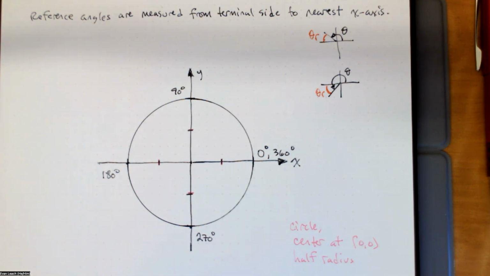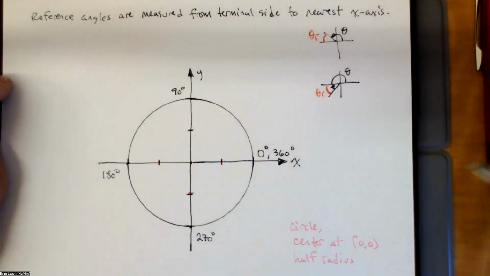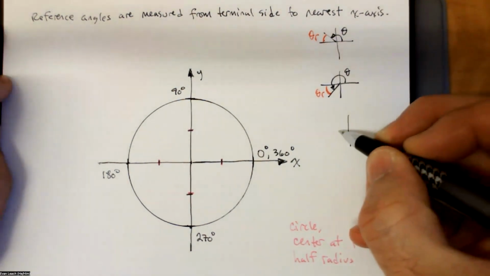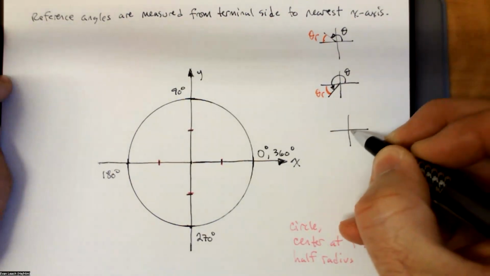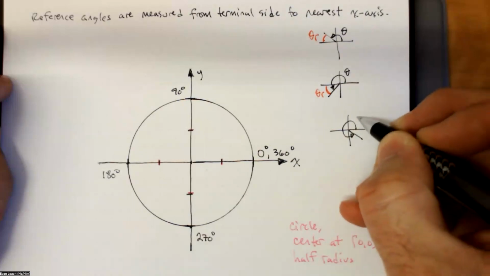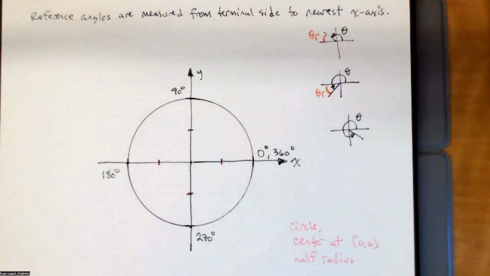In the fourth quadrant, our reference angle will go towards the positive x-axis. So if our theta goes all the way around to the fourth quadrant, the reference angle will go up to the positive x-axis.